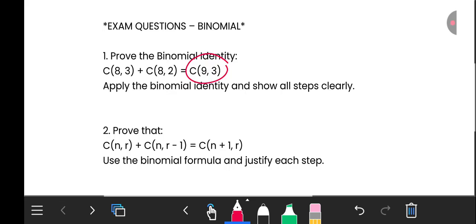Let's look at the second question. It is n combination r plus n combination r minus 1, then n plus 1 combination r. So let's do the second one.